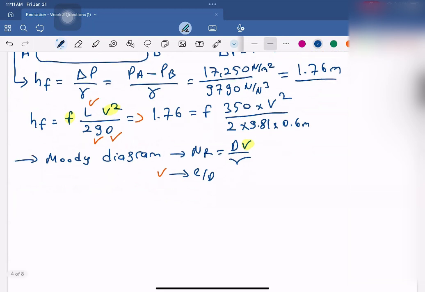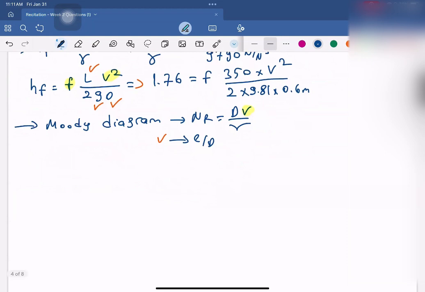For example, we can start with a number like 0.017.